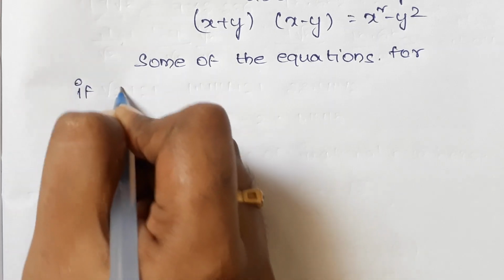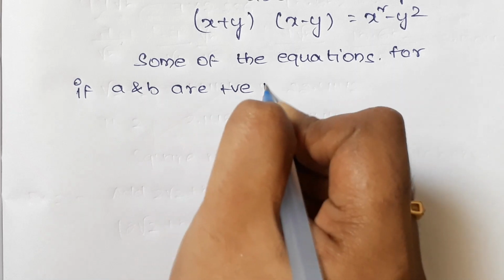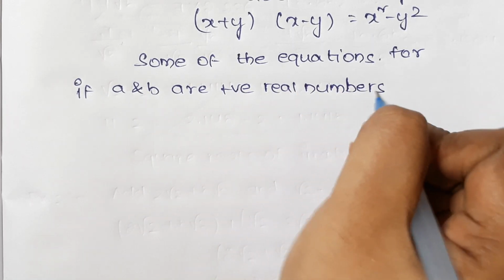If a and b are positive real numbers, then we will have some of the equations. Let us see.